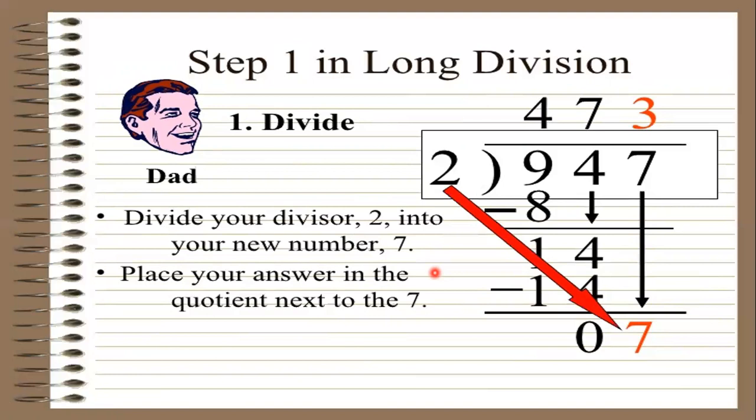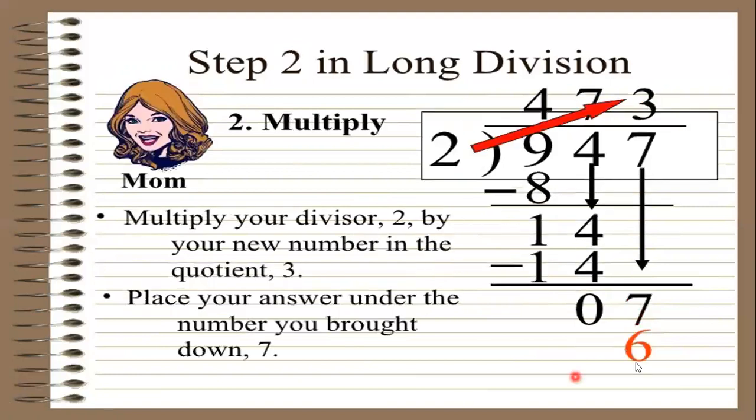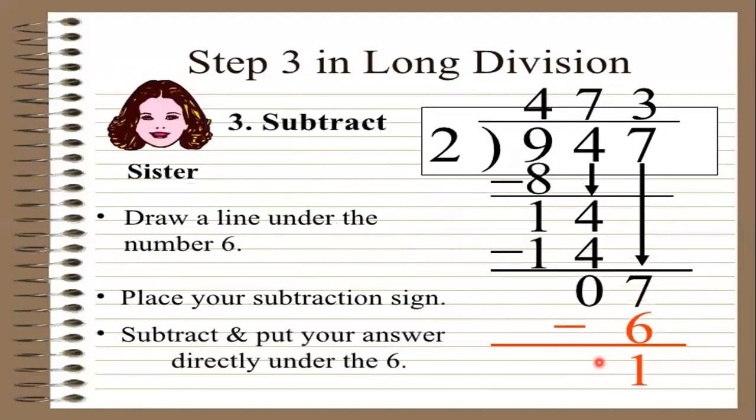So after repeating this step 3 times makes the number 6, which is the nearest to 7. After my second step, the next third step is again SISTER, S for subtraction. It means I'm going to subtract again. So I'm going to subtract it, and finally I got my remainder that is lesser than my divisor.